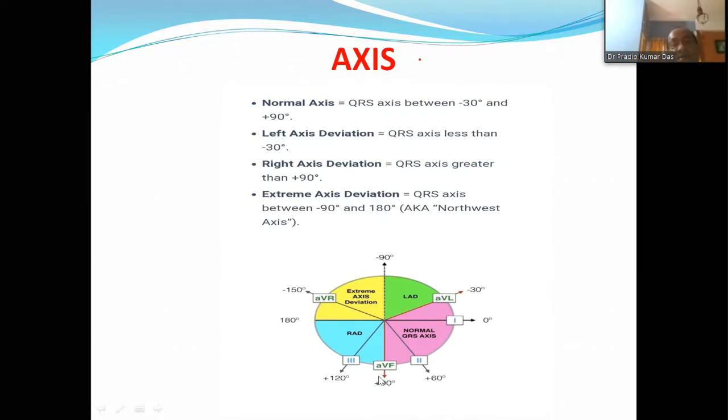If the electrical transmission vector is more than plus 90 degrees, approximately 90 to 150, it is called right axis deviation, and beyond minus 150 to minus 90, it is called extreme axis deviation or northwest axis.